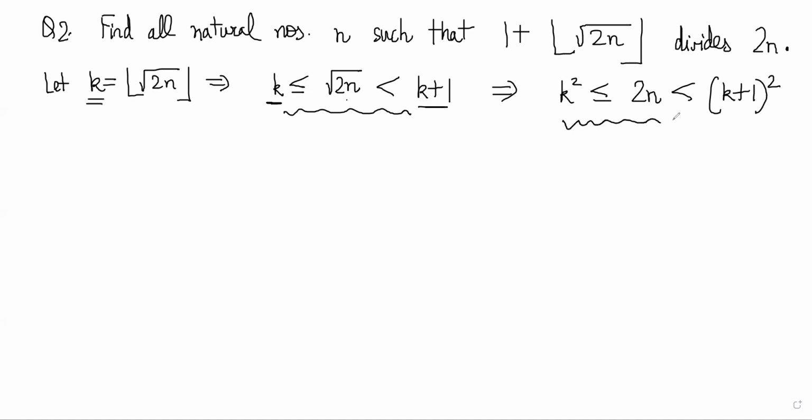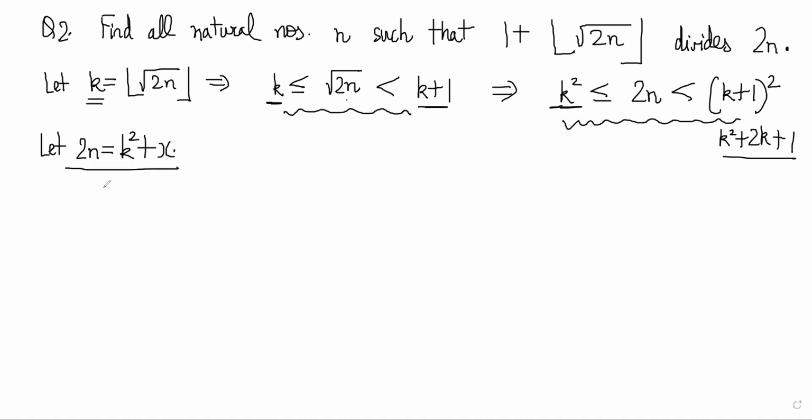So we are getting this inequality: 2n lies between k square and k plus 1 square. And if you think of k plus 1 square, that is k square plus 2k plus 1, right? So if 2n lies between these two numbers, then we can say let 2n be equal to k square plus x, because it could be bigger.